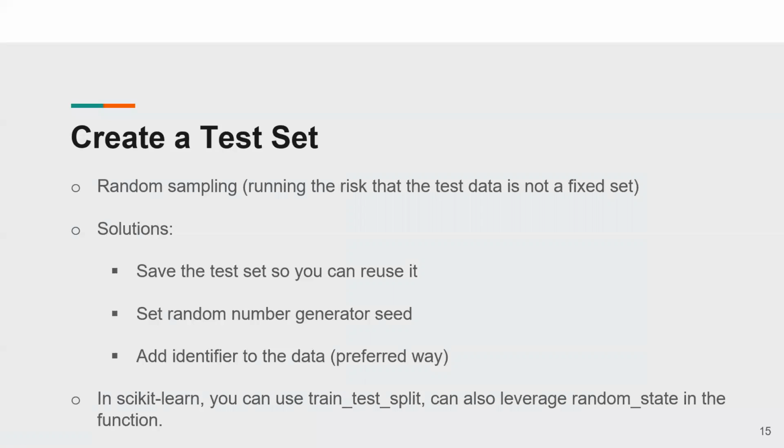In the index, it is train or test, and you could always just pick the test set down the road. And in scikit-learn, you could use train_test_split to get the test set, and you can also leverage random_state in the function.